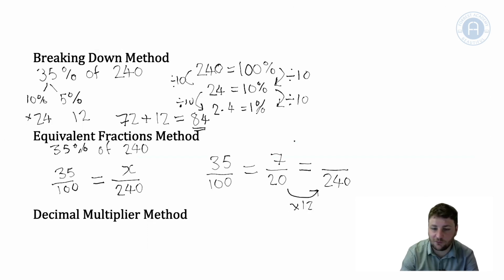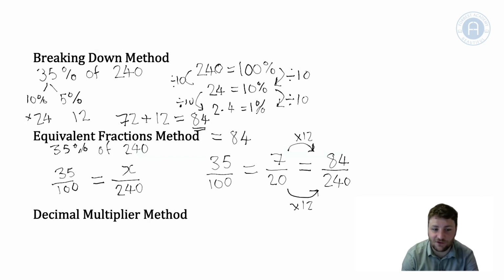If I times the denominator of my fraction by 12, I must also times the numerator by 12. So 7 times 12 is 84. So again, we've got that answer of 84.